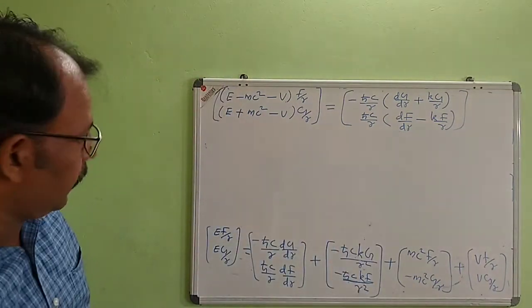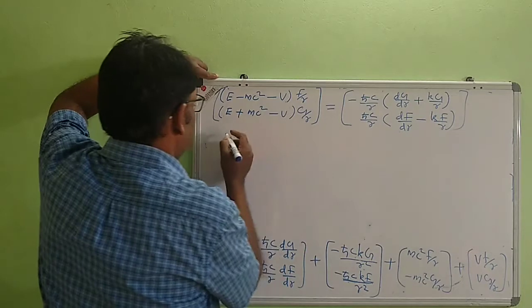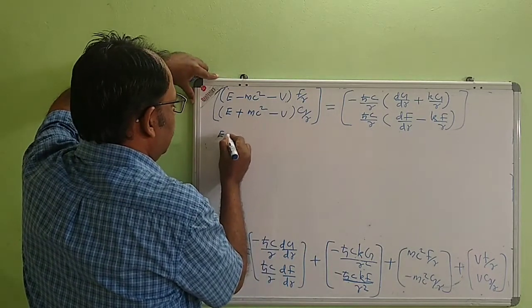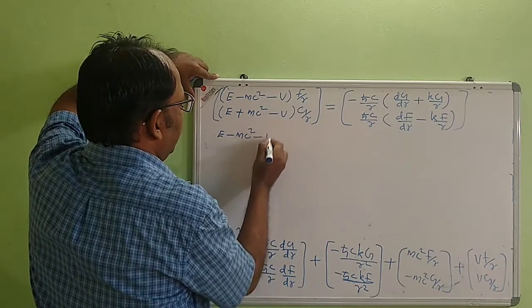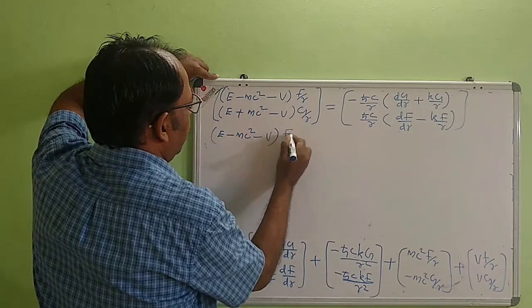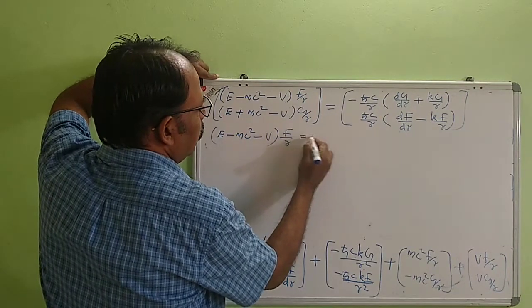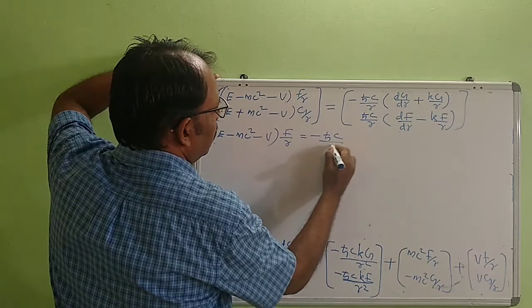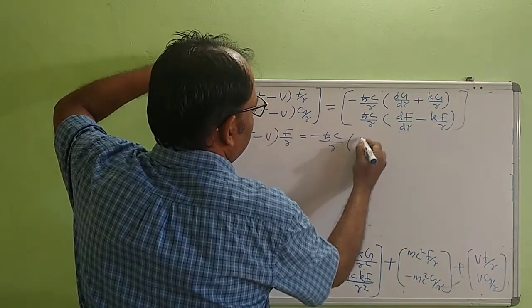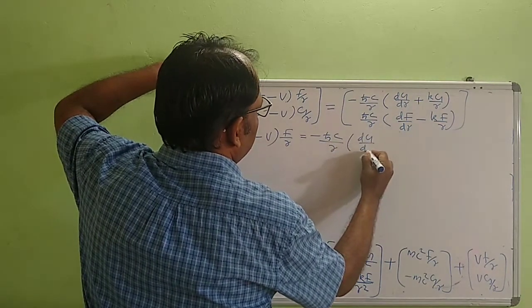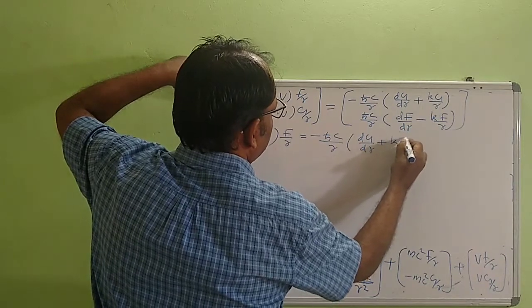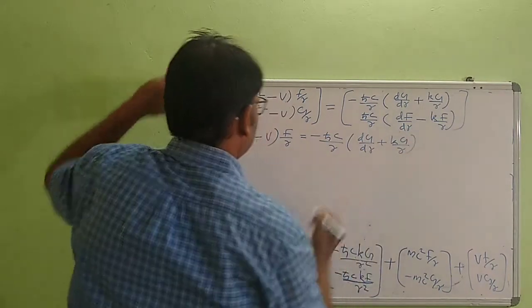The first equation we can write as E minus mc square minus V into F by R is equal to minus h bar c by R into dG by dr plus Kg by R.